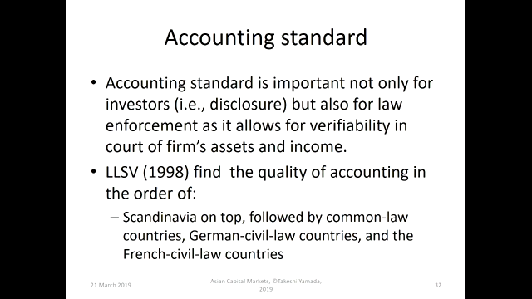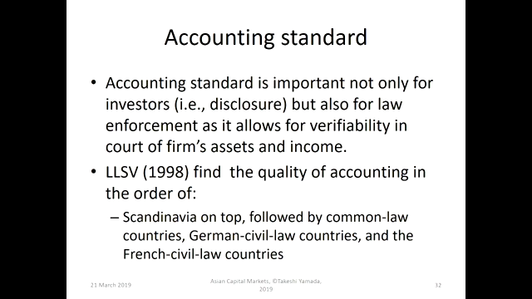So the last one is accounting standards. This is very important because it's a disclosure to the investors. If you have good accounting standards, then investors can find out how the company is doing, and they can do research on the company and then make a decision.